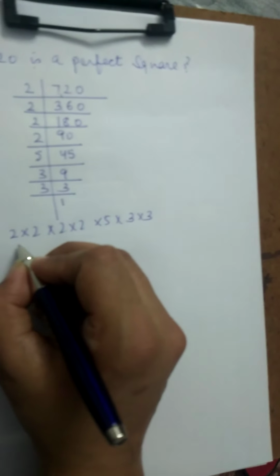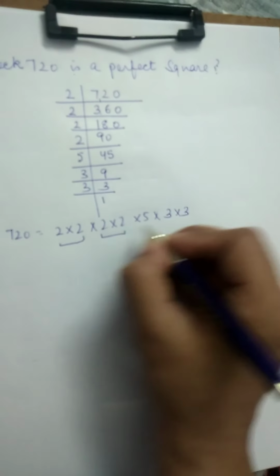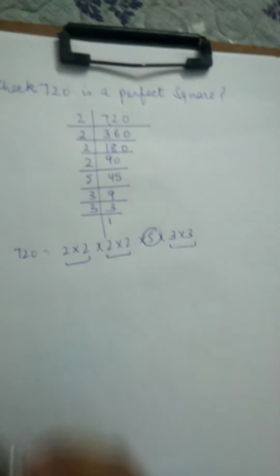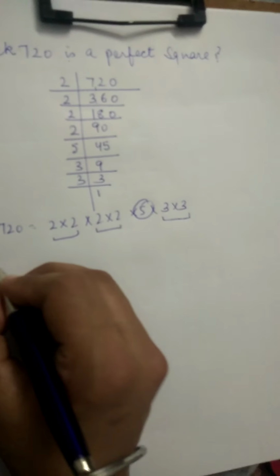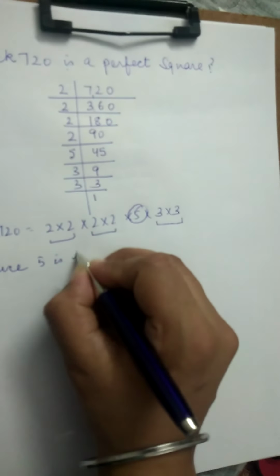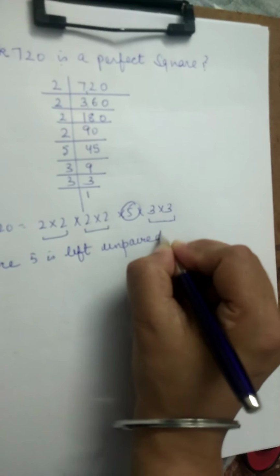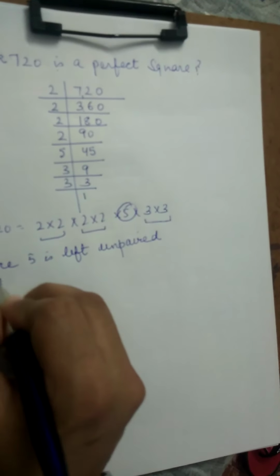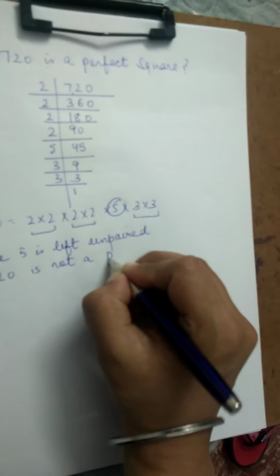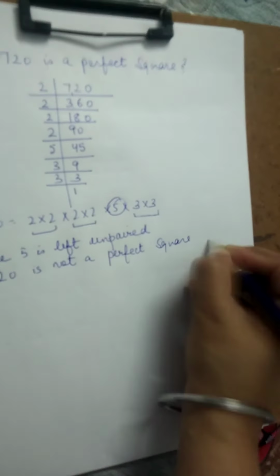Now let us make the pairs. That is 2 into 2 form one pair, 2 into 2 form one pair, 3 into 3 form one pair. And we have one unpaired factor left. So since 5 is left unpaired, therefore 720 is not a perfect square.